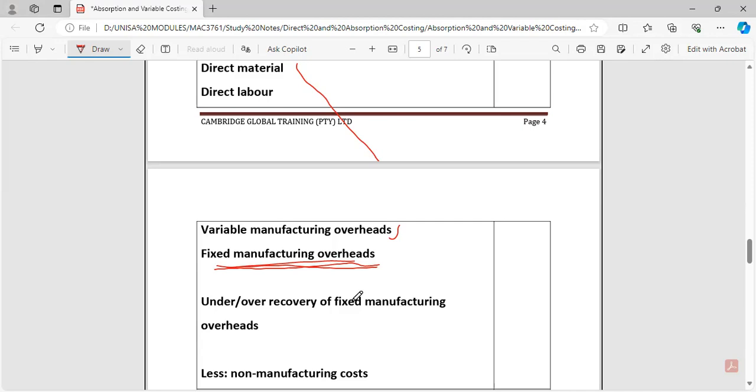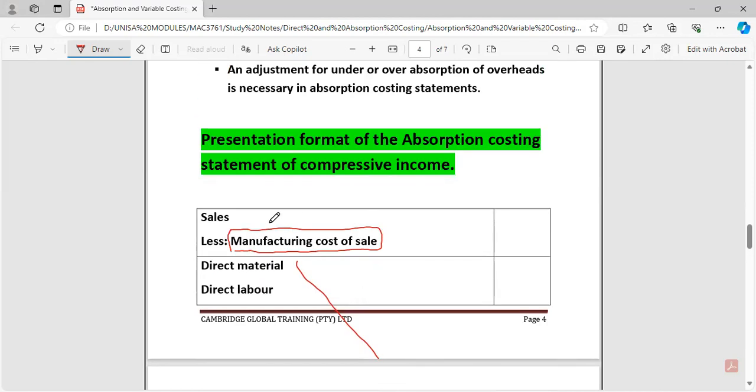But the problem comes when we don't know the topics. All the costing topics, you should know. If they ask you to do direct costing, what is the structure of a direct costing? It's going to be easy, because if you know your structure, you know that at the top I'm going to say sales. Then I need direct material.